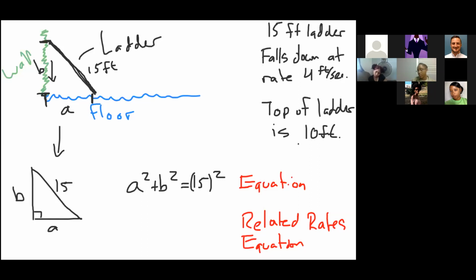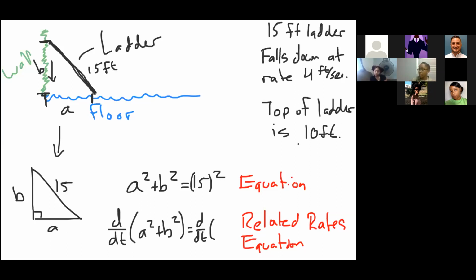And take the what of both sides? The dy over dt. So close. It wouldn't be the dy over dt, but you had the correct part there. I want to take the derivative with respect to time, d over dt, of both sides.